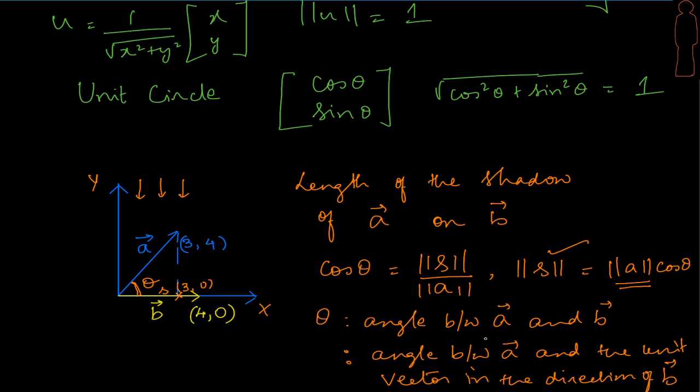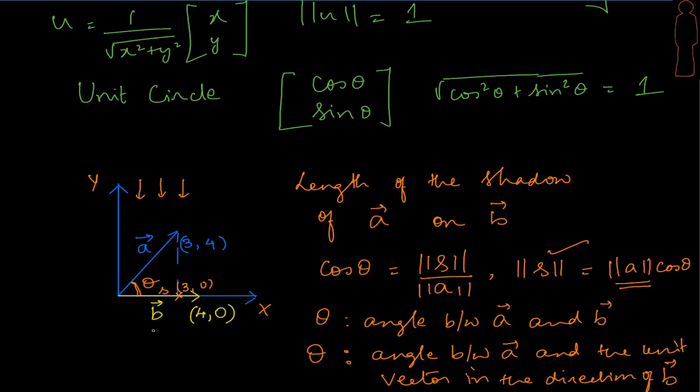The angle between A and B vector is theta, and we are finding the unit vector in the direction of B. Now you understand this statement because we just completed what a unit vector is. Therefore, the angle between A and the unit vector in the direction of B has got to be the same, so this will also be theta. This is how we are generalizing it.